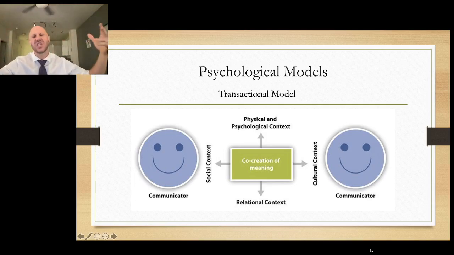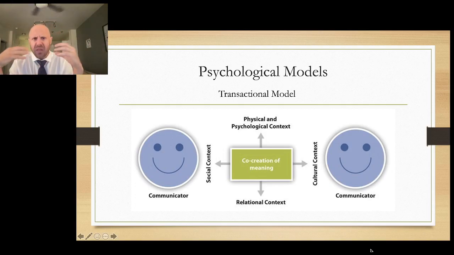What is the situation that's going on? The cultural context of the interaction, the relational context, what's the relationship between the people who are communicating, the social context, what part of society is this taking place.